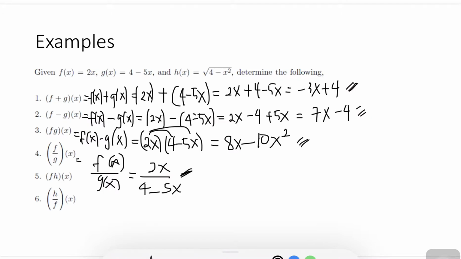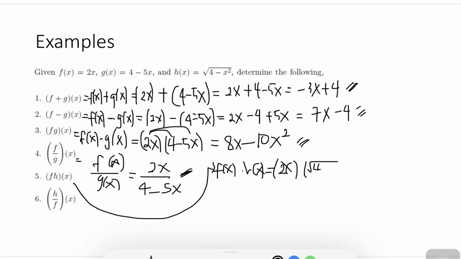Now number 5. We'll put an arrow here. Multiplication. This is just equal to f of x times h of x. What is f of x times h of x? We have 2x times the square root of 4 minus x squared.